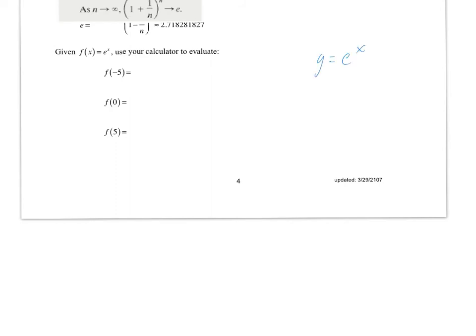And then look at your table of values for when x is equal to -5, when x is equal to 0, when x is equal to 5. If you look at those values, you should be able to see that e to the -5th power is 0.0067, e to the 0 power we know is 1, and e to the 5th power is 148.41.